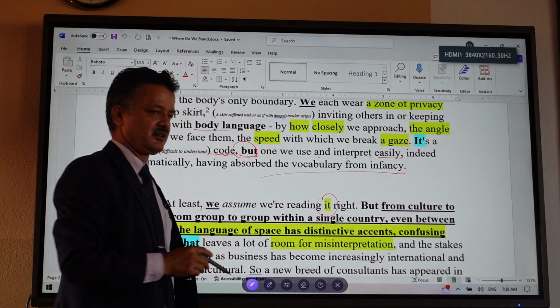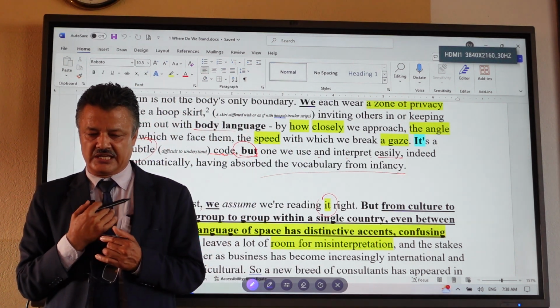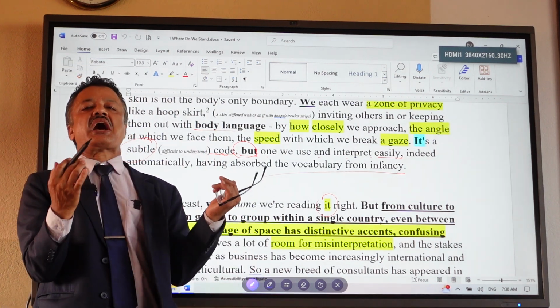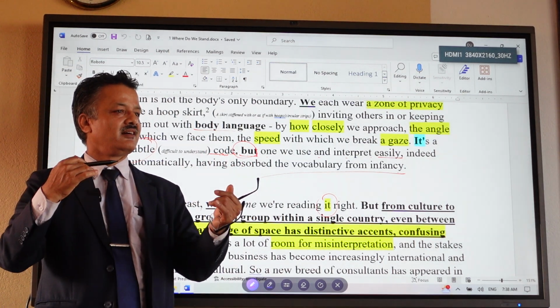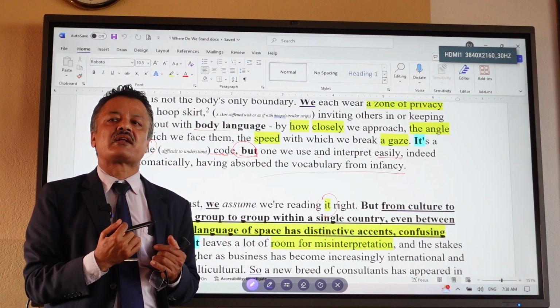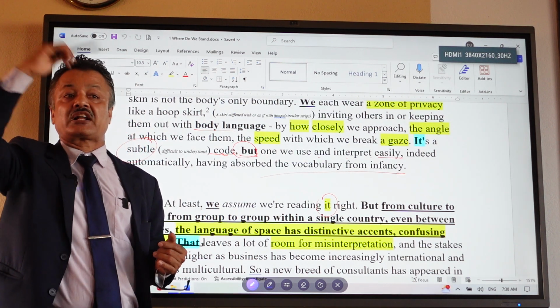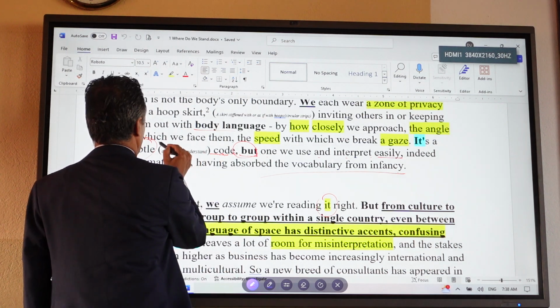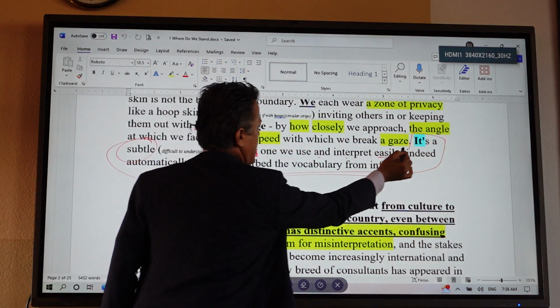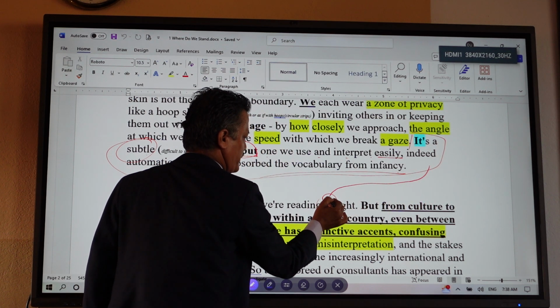So she says that we Americans, if we see another American behaving like that, we understand because we belong to the same culture. But body language is not easy to understand if the other person belongs to another culture. So this idea from here is referred to by this pronoun.